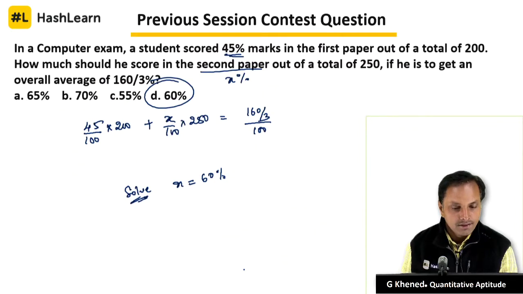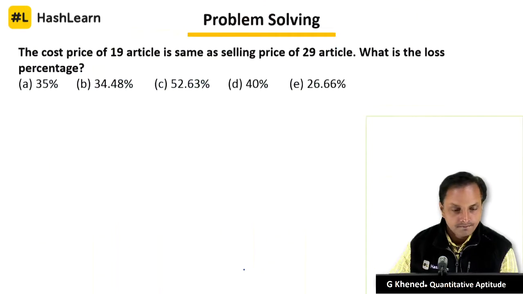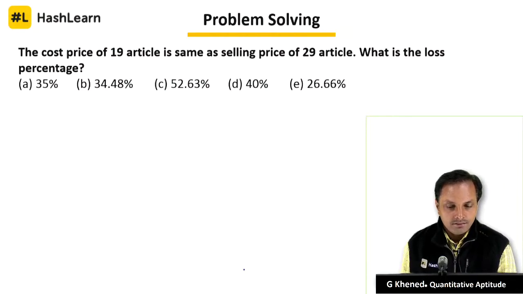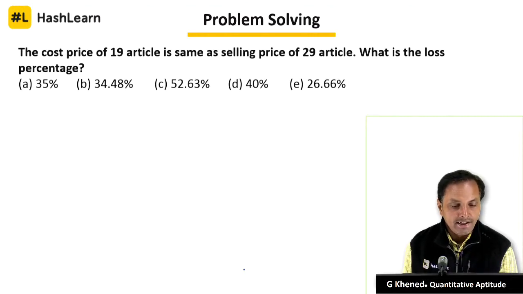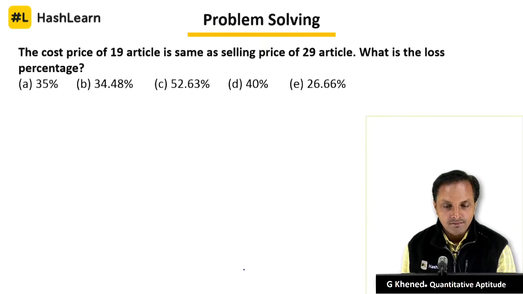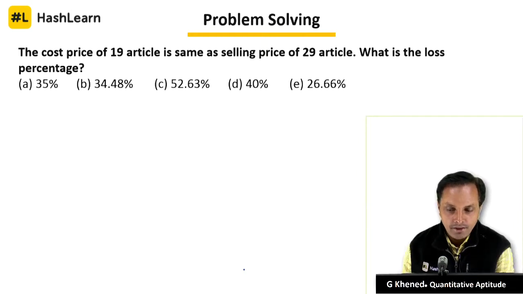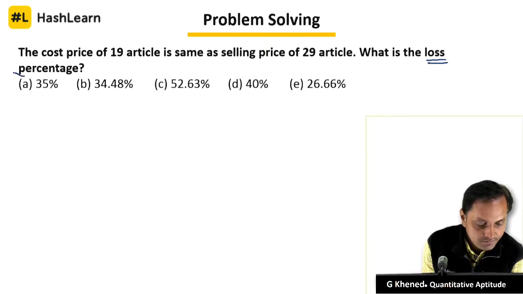Let's come to the next. Cost price of 19 articles is the same as selling price of 29 articles. What is the loss percentage is the question. So how will you calculate your loss percent?